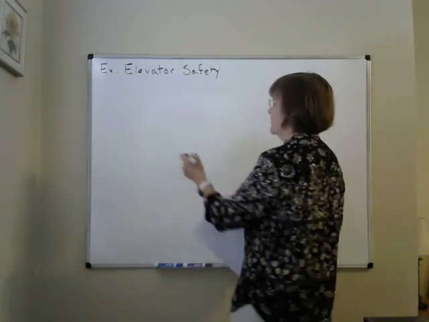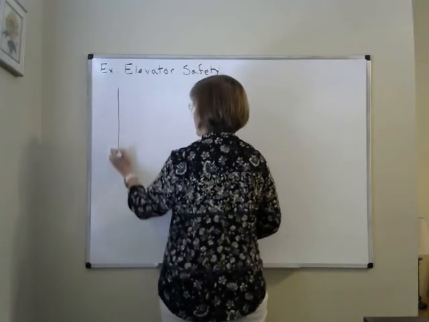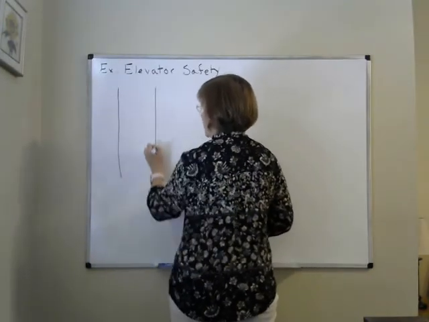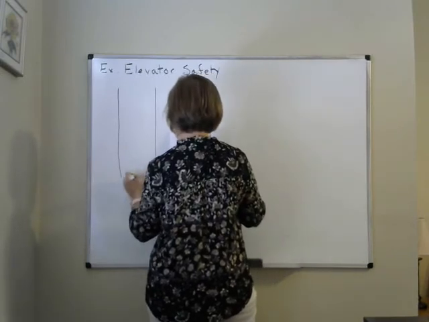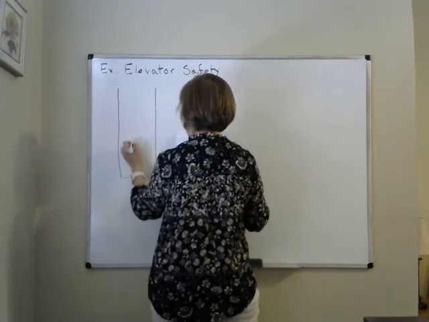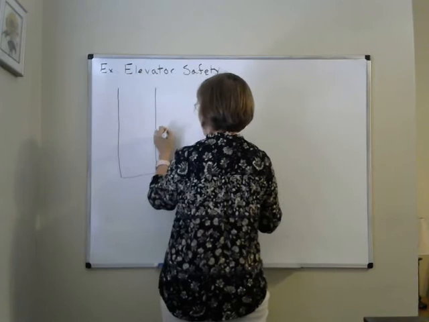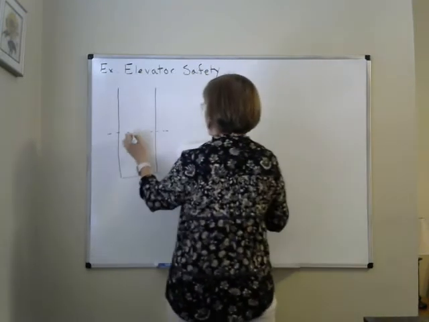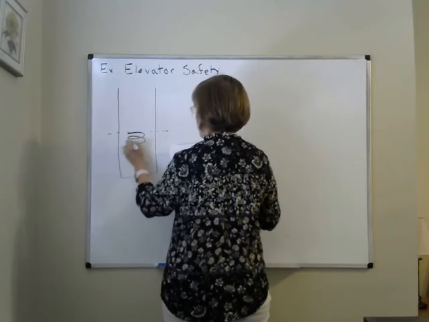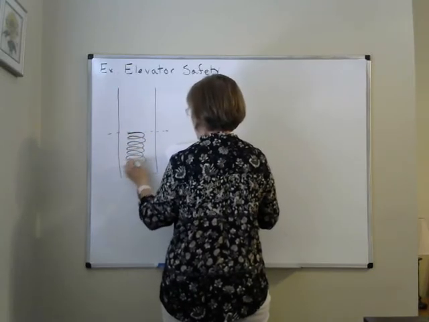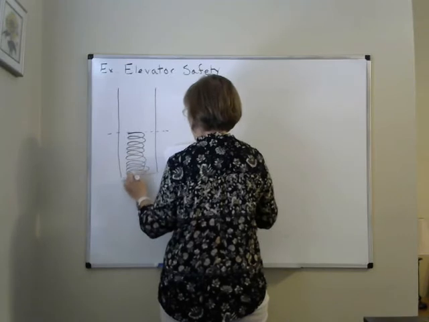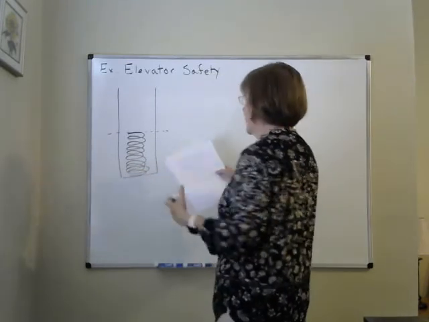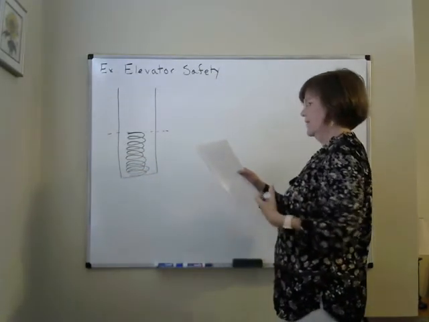So this is kind of a fun problem. We've got this picture. Here is the elevator shaft. And sitting in the bottom of this elevator shaft, this is its equilibrium position right there, is a spring. And the spring is meant to cushion it at the bottom.